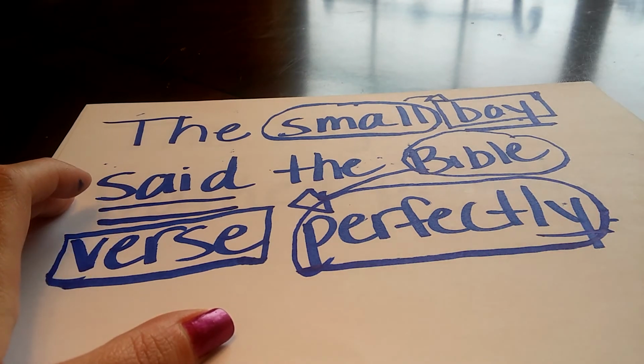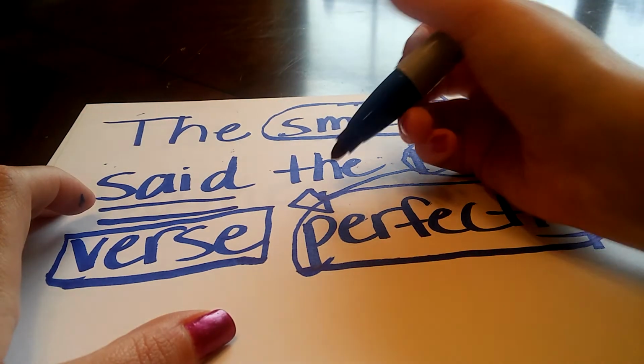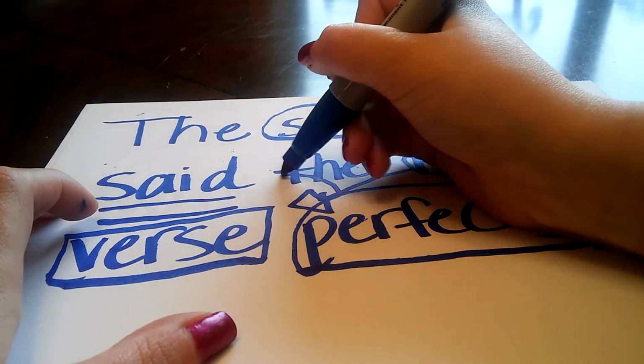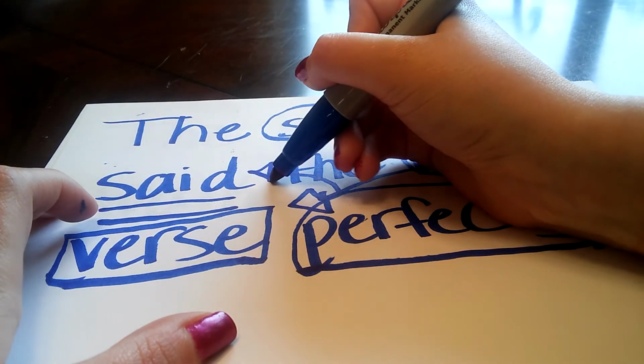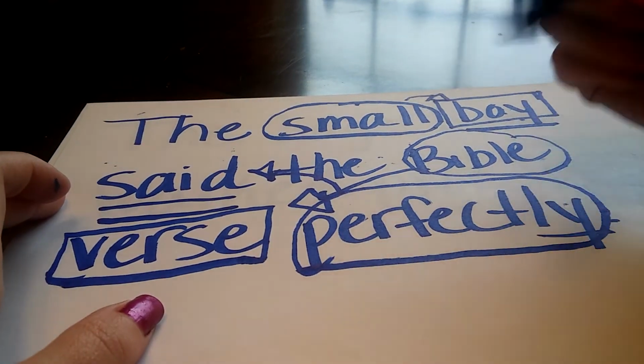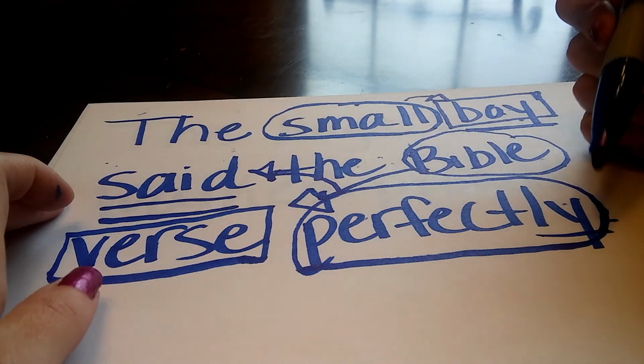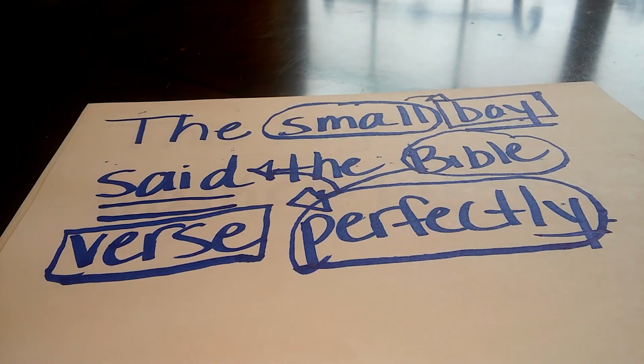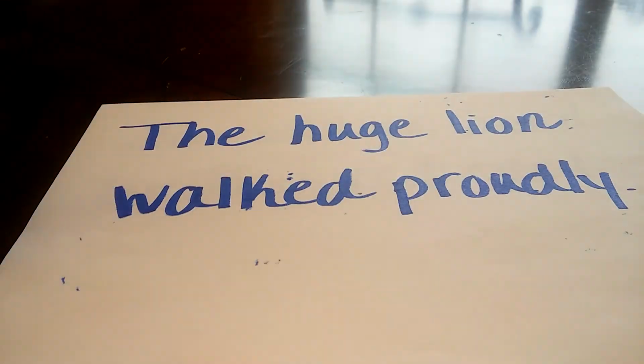Okay, so again, this is going to look strange with my arrow because of the way my sentence is, but what it's wanting you to do is to draw an arrow from perfectly pointing to said, because he said the verse perfectly. Okay, let's go ahead and move on to our next sentence.